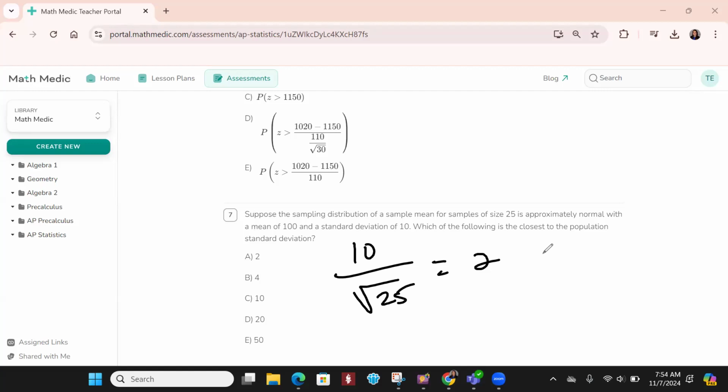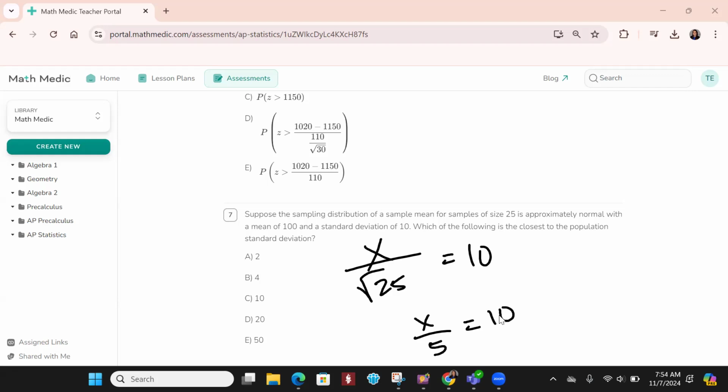Oh, because this is giving the standard deviation of the sample. So 10 is the result, and we're trying to find X. So what's the square root of 25? All right, now we're solving for X. 5 times 10 is 50. Reading is hard.